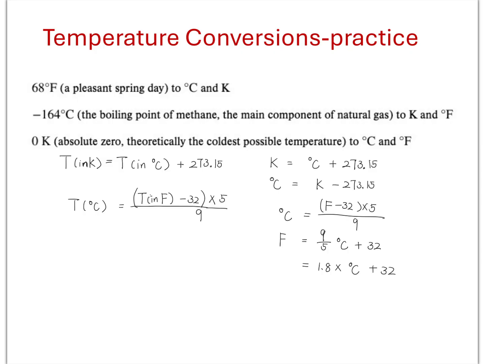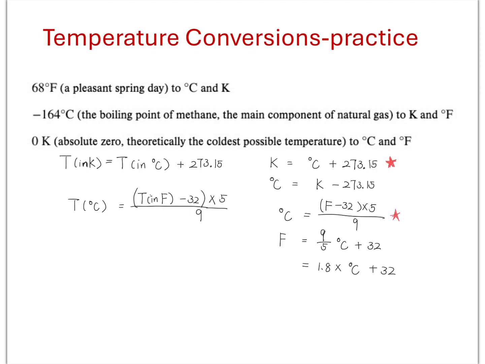So this is the conversion. These equations you do need to know. If you know 2 of them, you will be able to derive the other 2. The first one is Celsius to Kelvin, and the second one is Fahrenheit to Celsius.